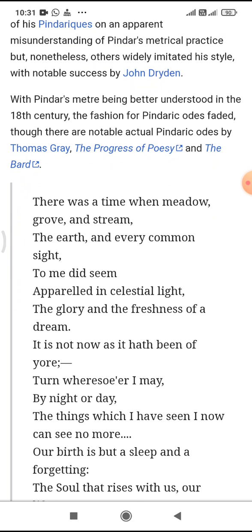So the lines from these odes are: There was a time when meadow, grove and stream, the earth and every common sight to me did seem, apparelled in celestial light, the glory and the freshness of a dream.